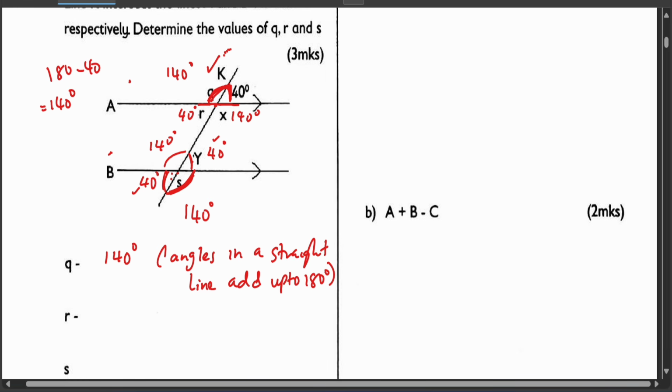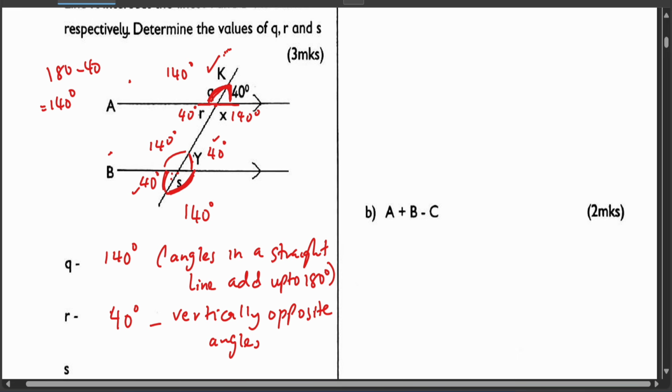Now for R, 40 degrees is 40 degrees because of vertically opposite angles. You can also say angles in a straight line because of the 140, but it is better to give another reason.